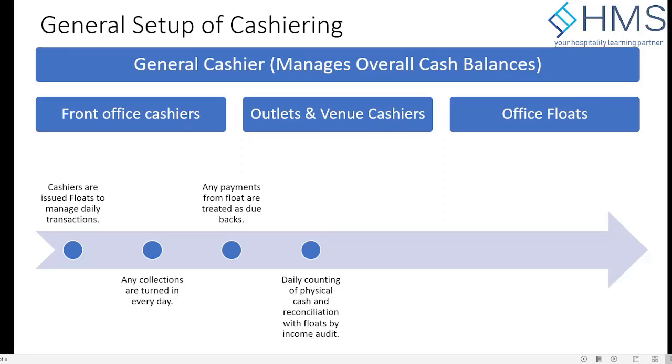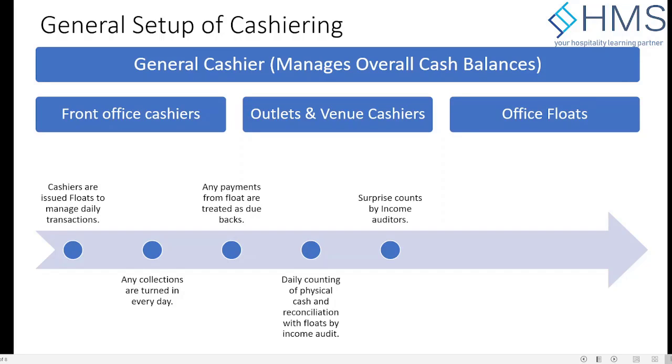Reconciliation is normally done by the income audit to make sure that all the money that is supposed to be received by the outlet cashiers or the front office cashiers, or whatever due back they have to take from the system, is reported in their cashier drop report, right?